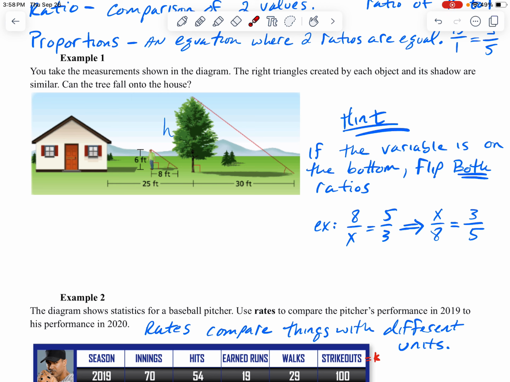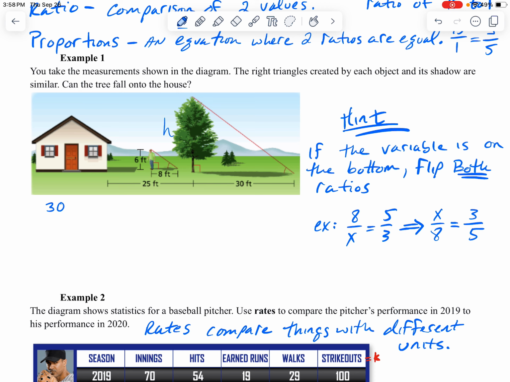The main idea here is that similar triangles are proportional, meaning I can set up this equation using two ratios where I compare the shadows of the objects to the actual height of the objects. That ratio would look something like this.